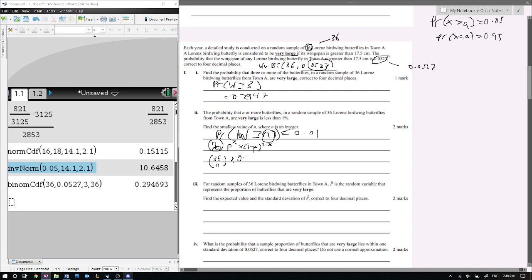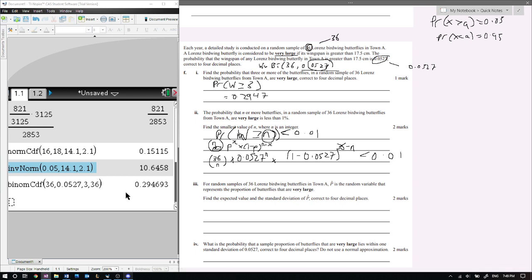So times it by p to the n, which is the successes we want, and times that by 1 minus p. Oh, my bad again. We're given p, so 1 minus p, to the power of 36 minus n, and all that has to be less than 0.01.